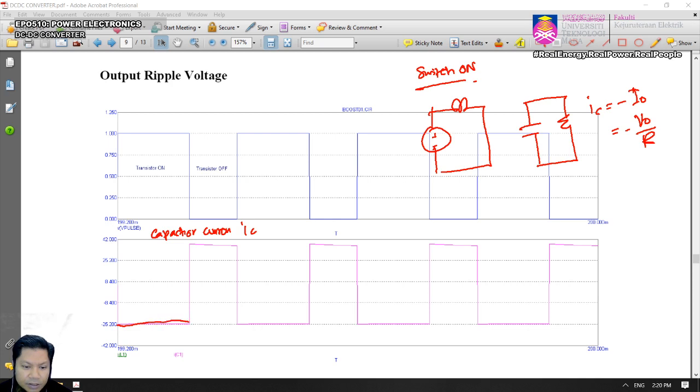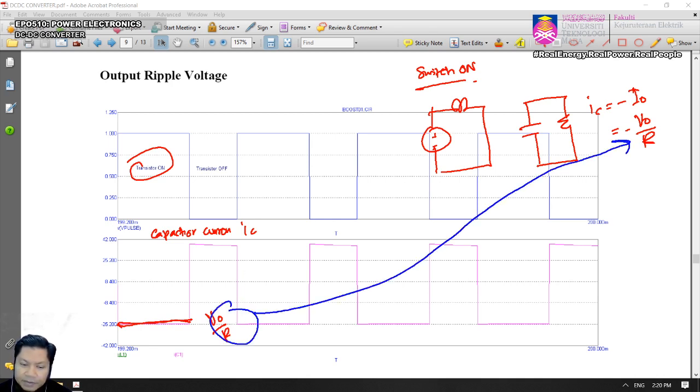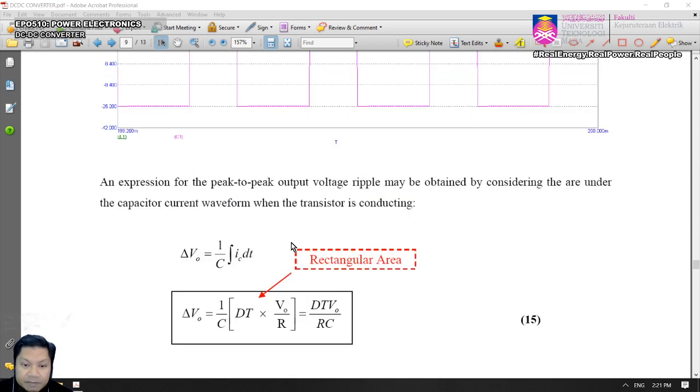So during turn on, this transistor is on, so it will be a straight line which is determined by V out divided by R, isn't it? From that equation here, and negative value. So that constant capacitor current here can be determined by this equation, minus V out over R. Again, to get the ripple voltage, we always use the capacitor equation, isn't it?